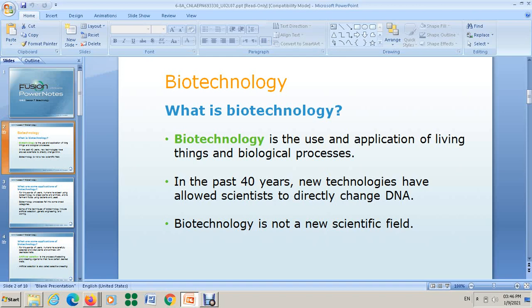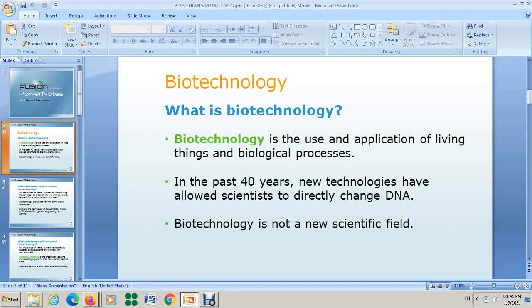For biotechnology, actually, in the past 40 years, new technologies have allowed scientists to directly change the DNA. They start to insert some parts of the DNA into other organisms to get use from the good genes or desired things.